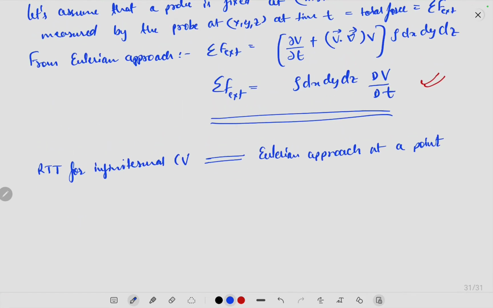if you think about it carefully, what's happening is we started with RTT for a finite control volume.